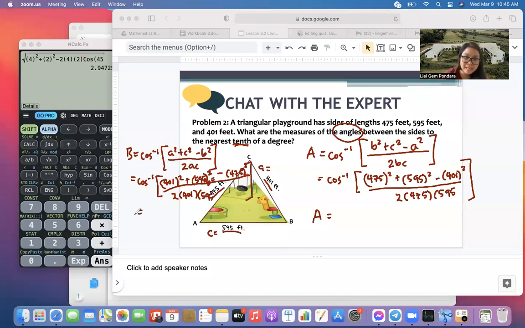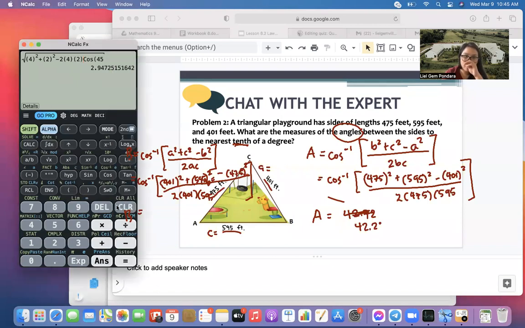How about for B? What's the answer? Let me check. For A, Frin said it's 42.2. Very good. Yes, the answer for A is 42.2 degrees. We can check it in our calculator while some of you will solve for B.